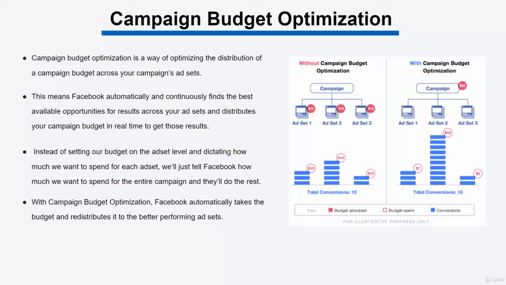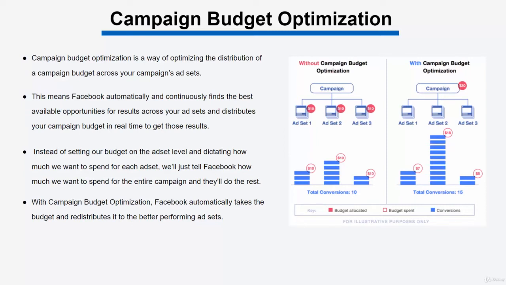What we're going to do then is put the majority of the budget into ad set 2 because that is the one that is converting the highest and the best. This is what Facebook is doing automatically. It's distributing the campaign budget to the appropriate ad set that's getting the best return, the best conversions. You'll notice on ad set 1, there was only $7, and ad set number 3, only $5.